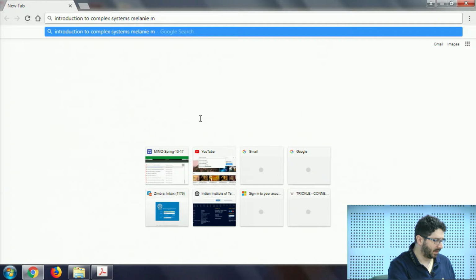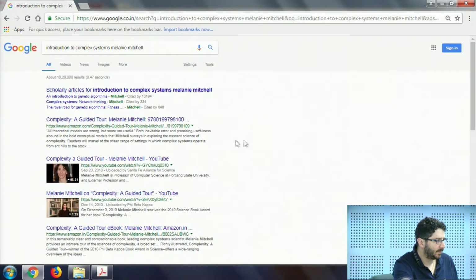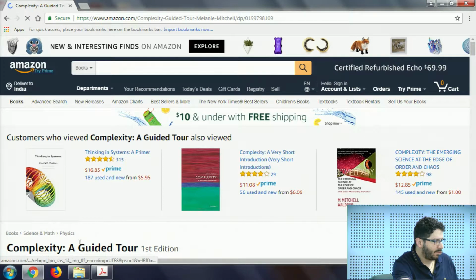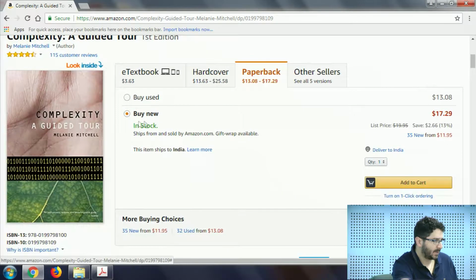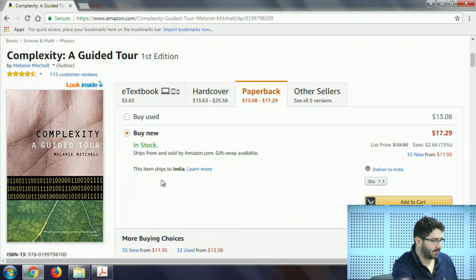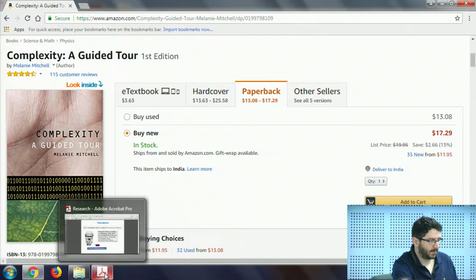She's from Portland University, as far as I remember. Yes, that's the book I'm talking about. It's called Complexity: A Guided Tour. Very nice intro, actually. So you might want to read that if you are interested in this area.